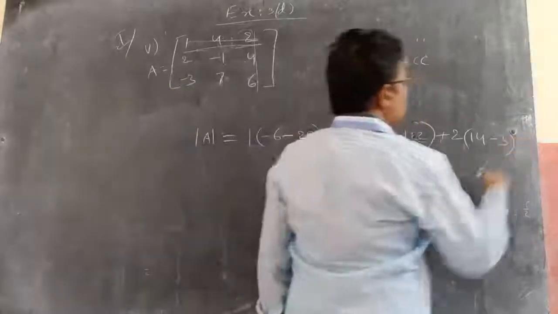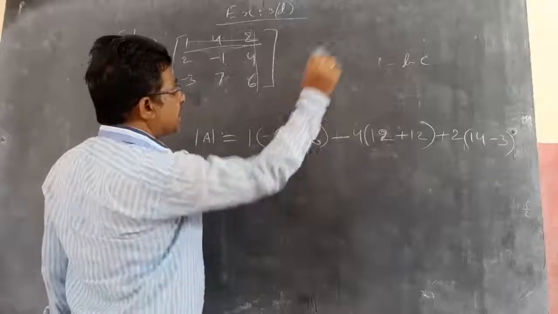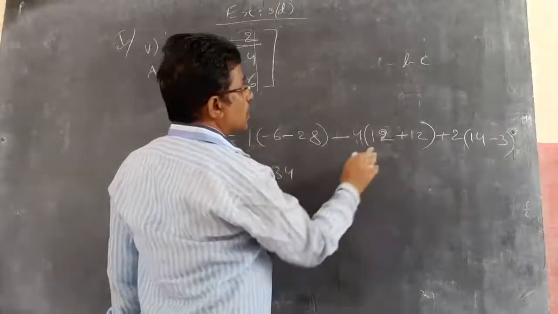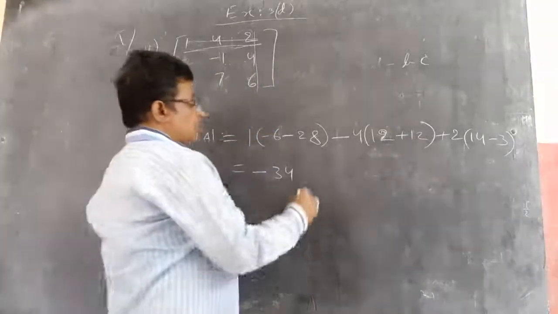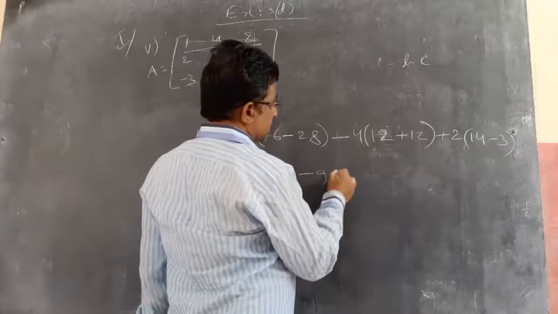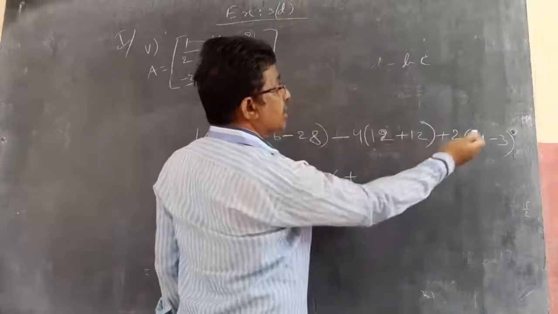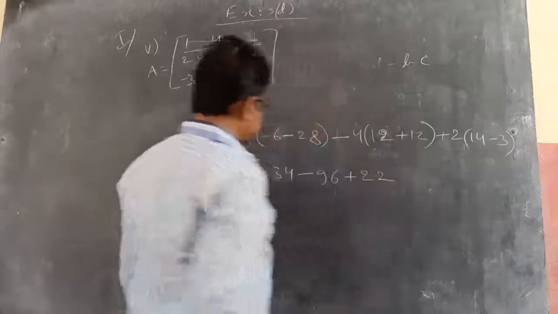So 14 minus 3. So this is equal to minus 28 minus 6, which means minus 34. This is 12 plus 12, 24; 24 fours, how much? 96, minus 96. And this is 14 minus 3 is 11; 11 twos, 22. Calculation part you take care of.